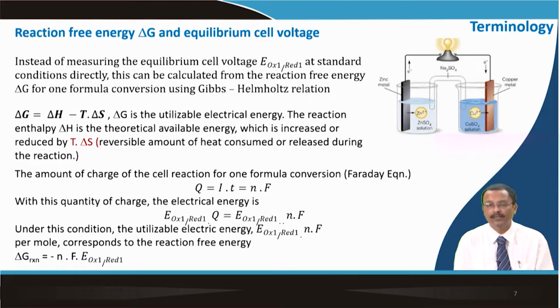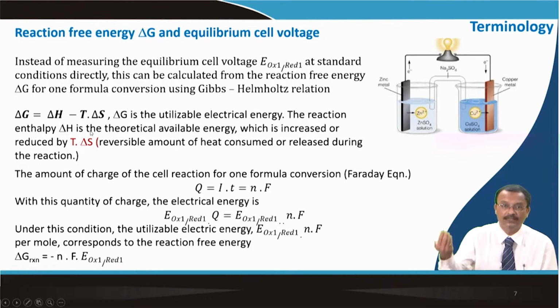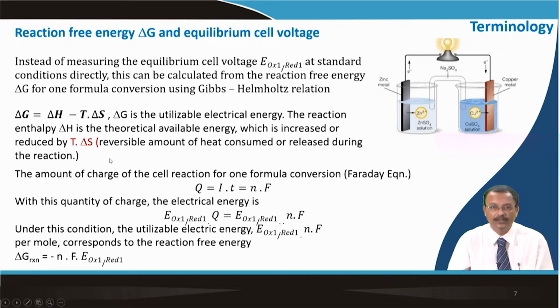In the first lecture we already introduced the thermodynamic concepts for this course, and one can write this relation where ΔG is the utilizable electrical energy and the reaction enthalpy is ΔH, the theoretical available energy, which is either increased or reduced depending on the TΔS term. It is the reversible amount of heat that is consumed or released during the reaction.